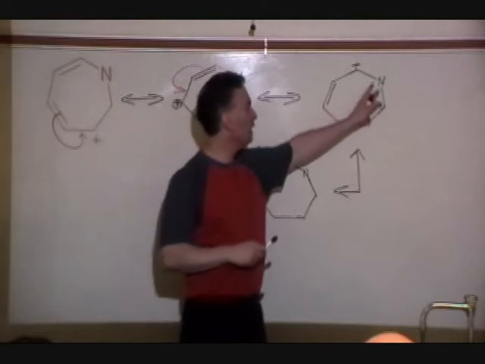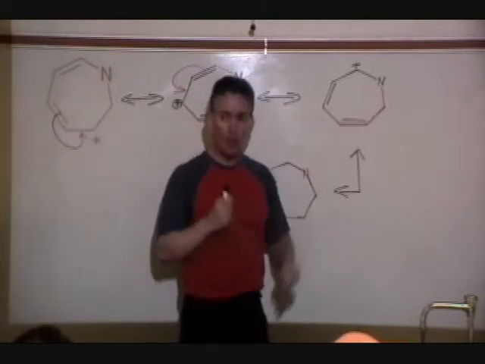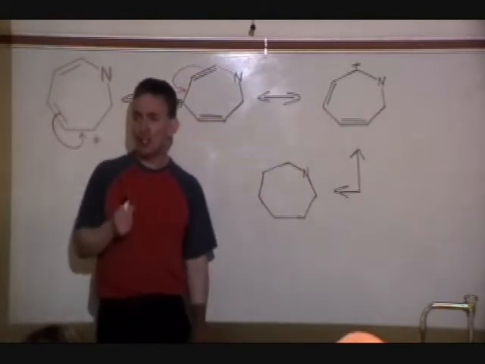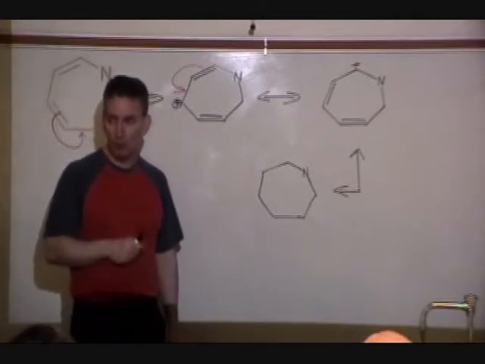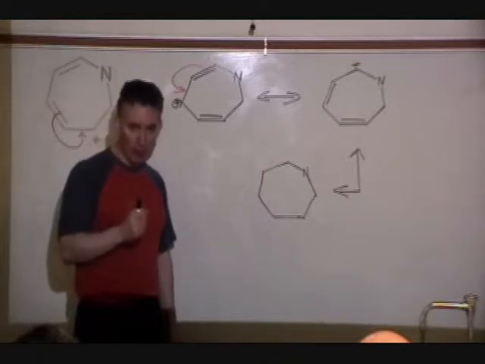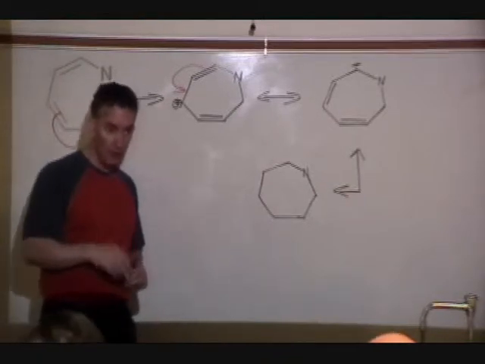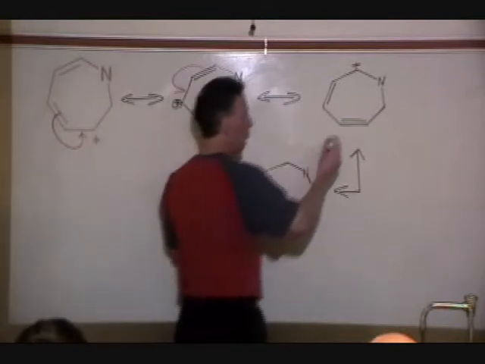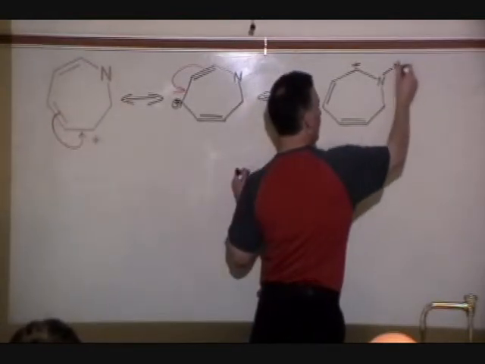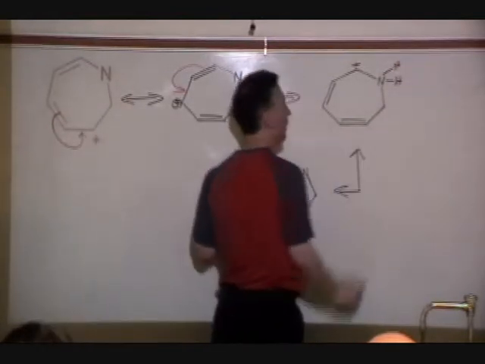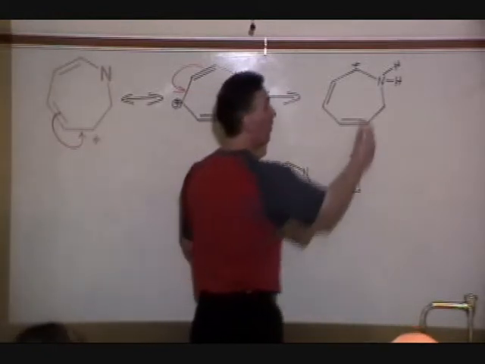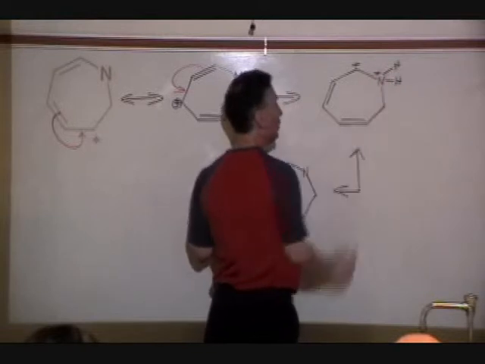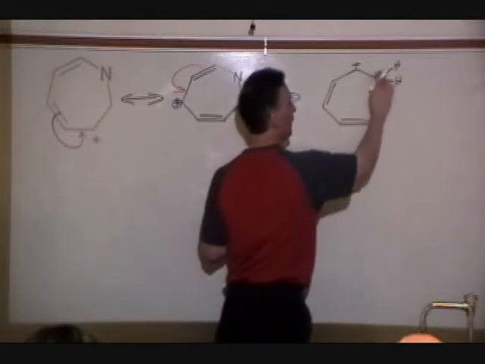Because when we think about this nitrogen, what do we know about the combination of hydrogens and lone pairs on the nitrogen when it is electrically neutral? 3 bonds and 1 lone pair. It's the only one that fits. If it was 2 hydrogen bonds, then that nitrogen atom would be positively charged, yes. It isn't.